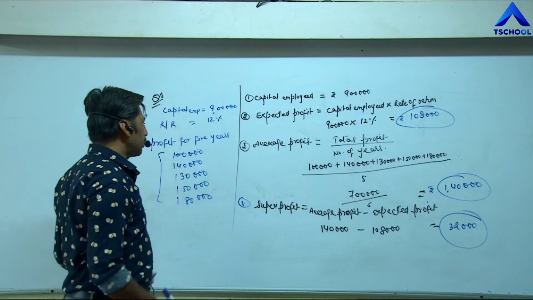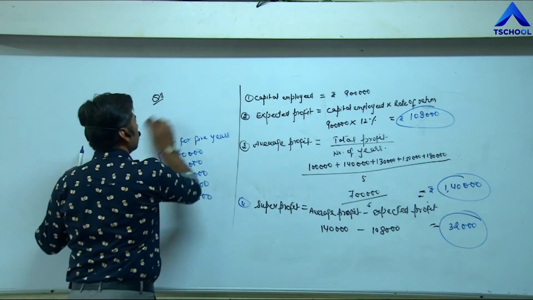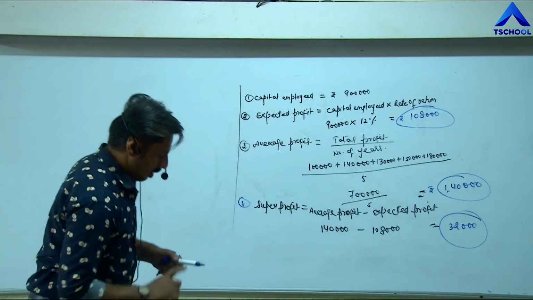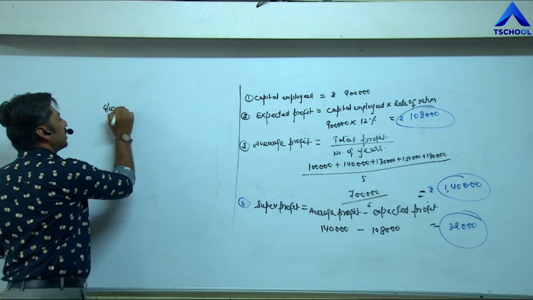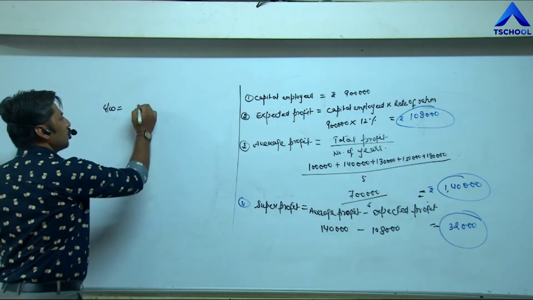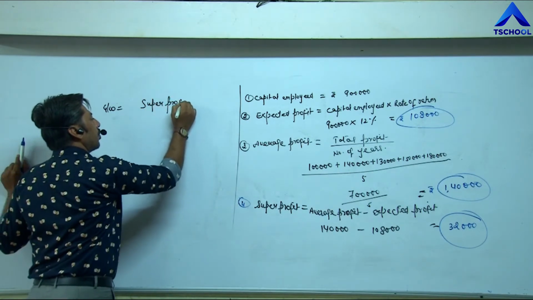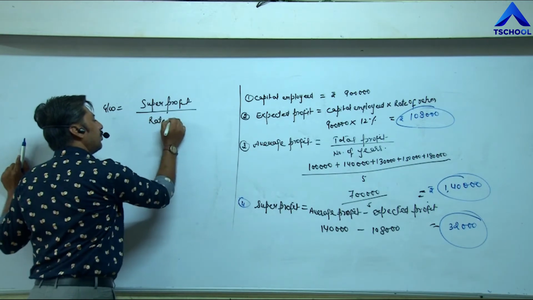And the last step, the fifth one: now we have to calculate goodwill. What is the formula? Super profit upon expected rate of return.